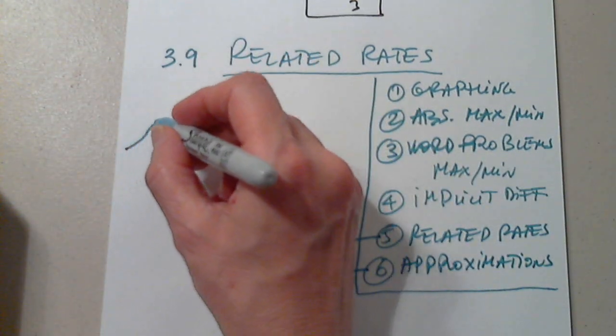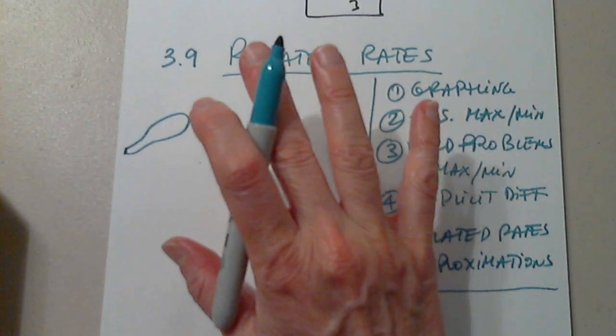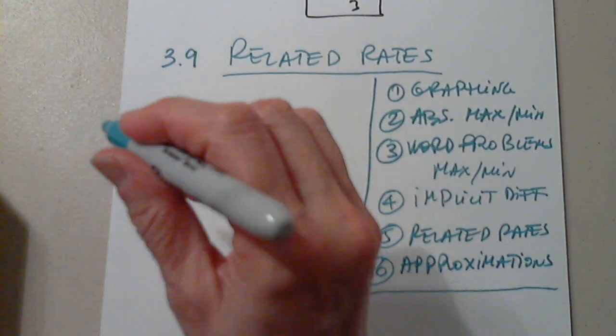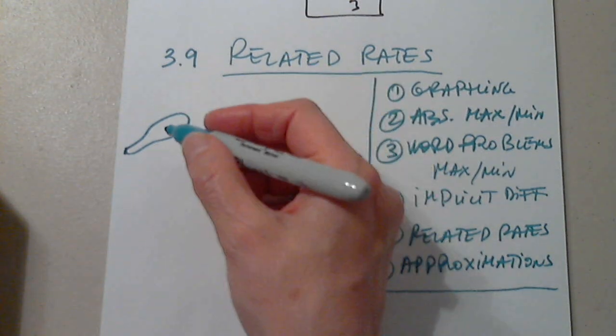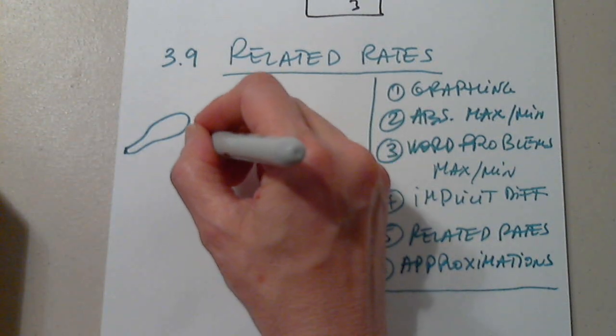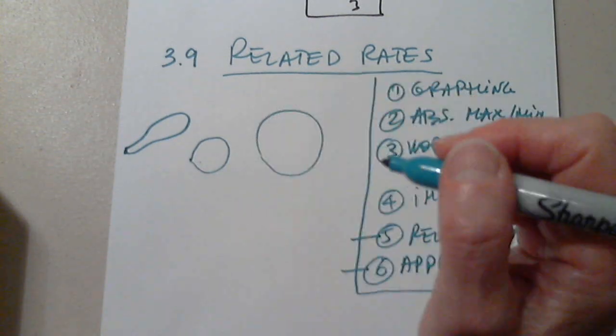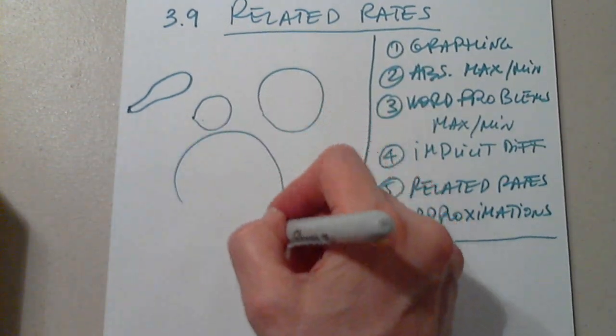Imagine that we have a balloon. It's completely deflated. And then we pump air in it. And let's suppose it's a sphere. So let's say it looks like this. We continue pumping air, and then it looks like this. We continue pumping air, and then it looks like this.